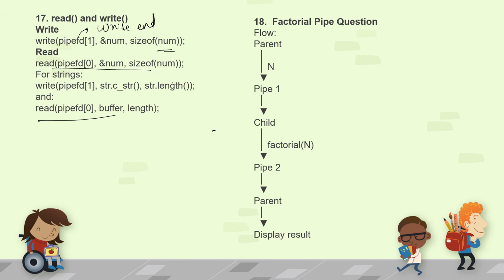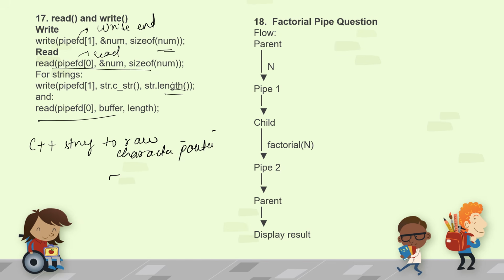Then after that in read you use pipe FD of 0. Similarly the address, and in case of strings you have to convert your C++ string to a raw character pointer. Now in case of size you can use dot length here for strings.